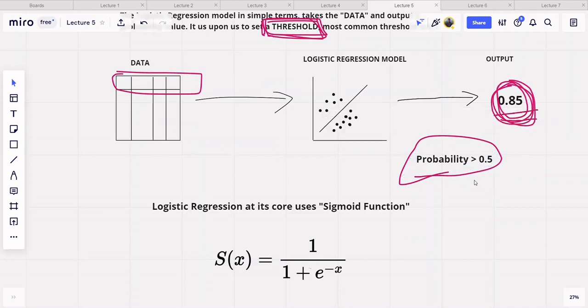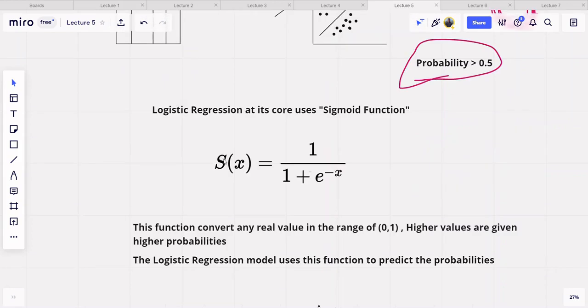Now it's not necessary that the decision boundary be just 0.5. It can be anything according to the problem that you are trying to solve. At its core, logistic regression uses the sigmoid function. Sigmoid function is basically a special function which converts numbers into the range of 0 and 1.